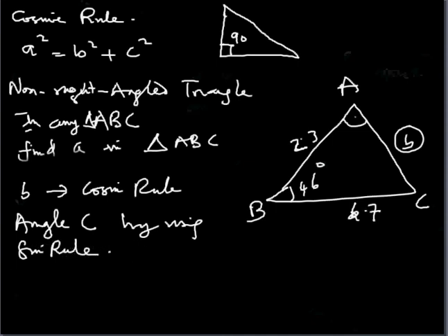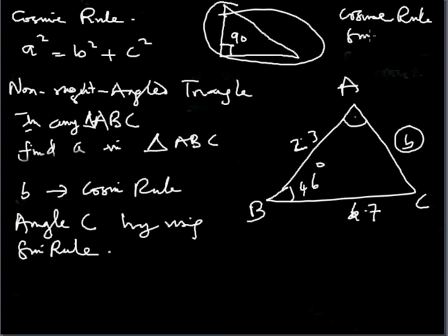And this can be interchanged anyhow. Since we are not working with a right angle triangle, you can use the cosine rule or the sine rule in solving your problems in trigonometry. Thank you.